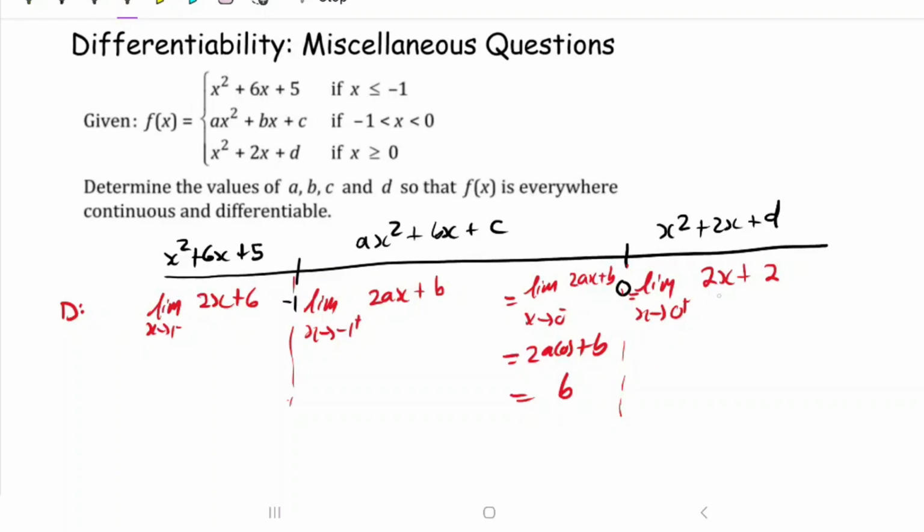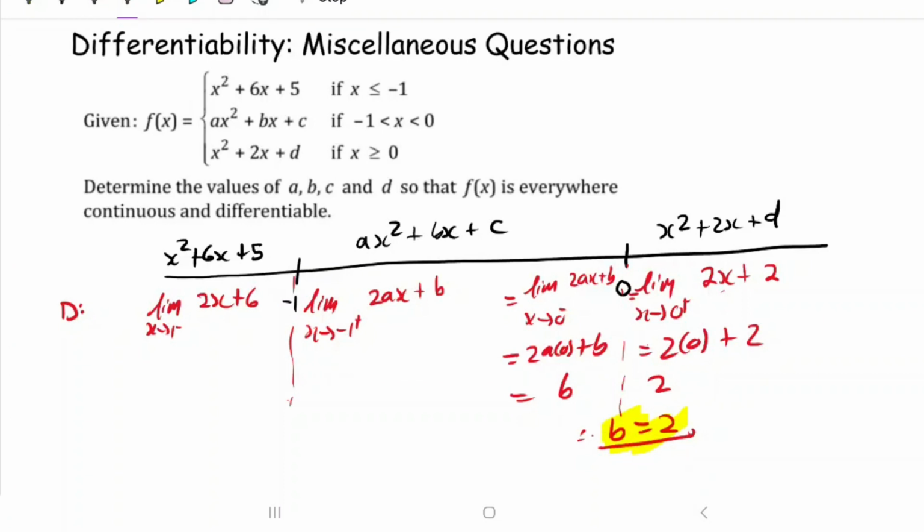So again, if we take the limit of this, we're substituting 0 wherever we find x, and therefore this gives us 2. So already from here, we can come up with the conclusion that b is equal to 2. And I'll just highlight that. What a nice question.